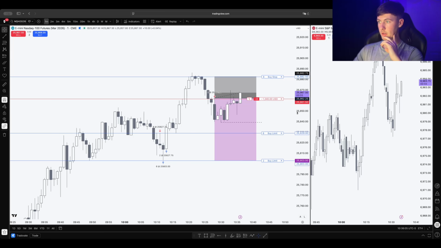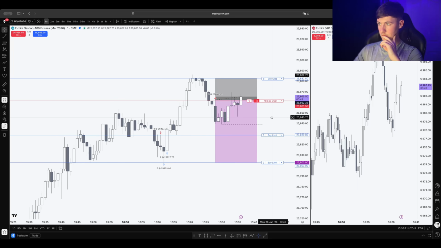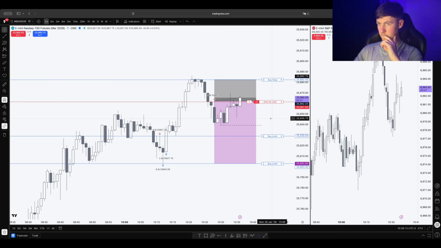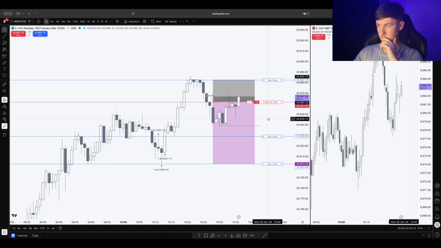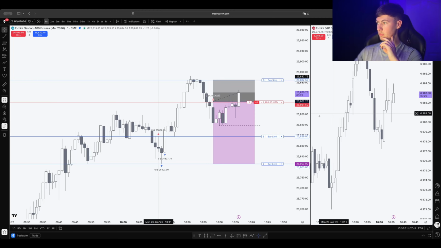Okay, so it did respect that BISI nicely there, unfortunately. Okay, so NQ's bumped above that high there, 1033. ES is holding below.